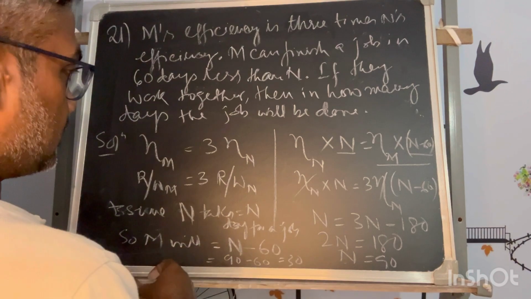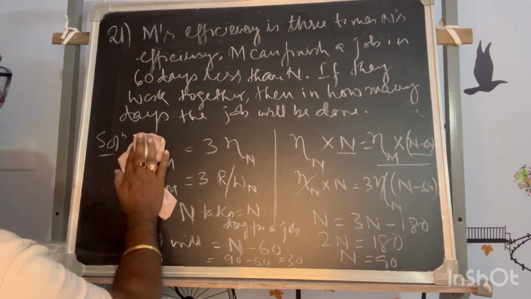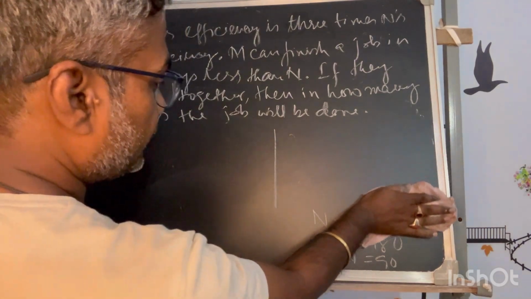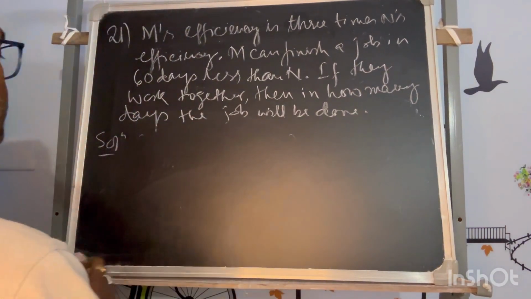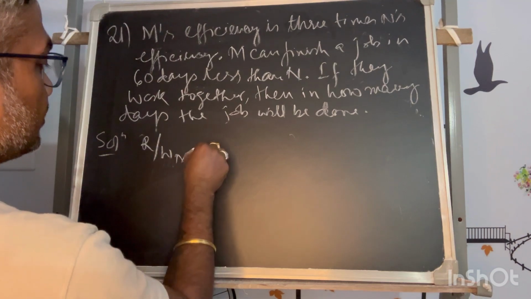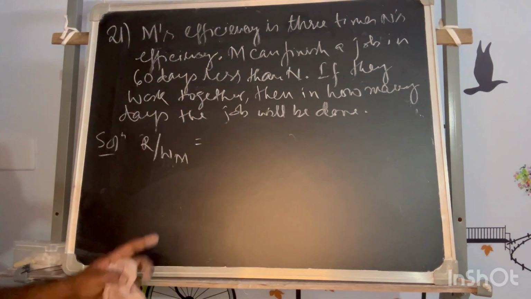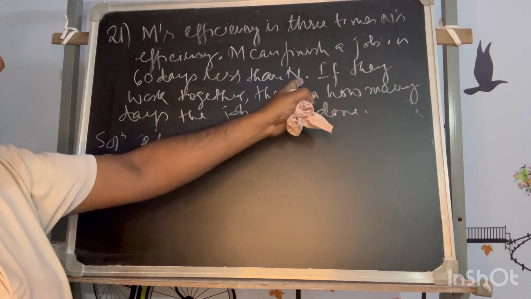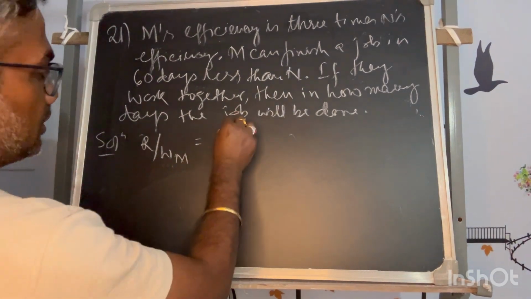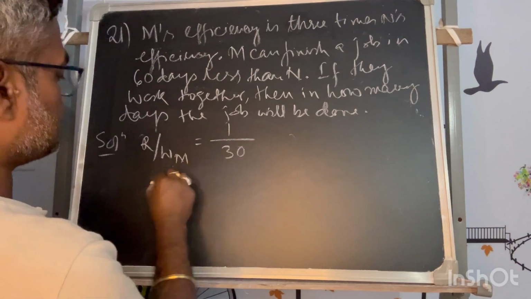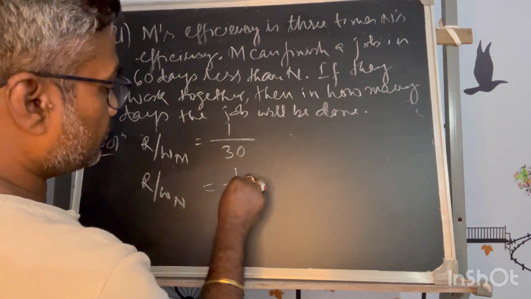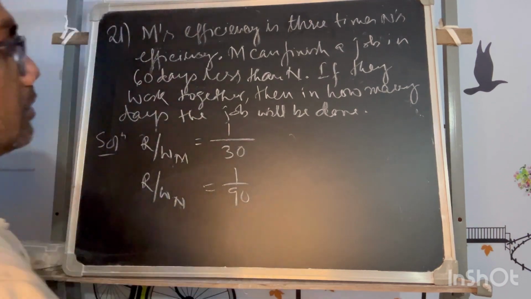So now what will you compute after getting these values? For a job where N is taking 90 days, M is taking 30 days. So M's rate of work is 1 by 30, and the same rate of work for N is 1 by 90. Now this part is known.